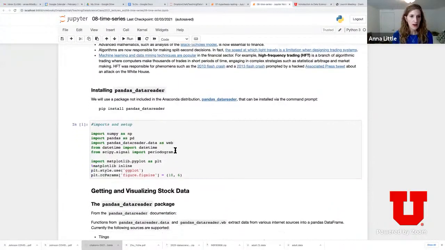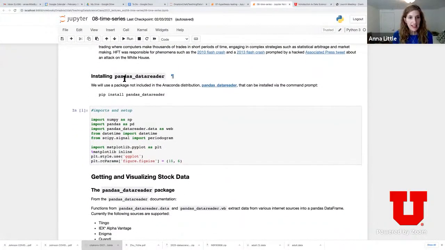Okay, so first of all, installing the Pandas Data Reader. This one is not included in the Anaconda distribution, so you'll need to do this separate installation. Do that before you try to use it, just a little pip install pandas-datareader.